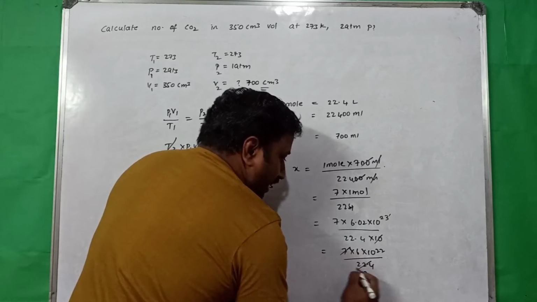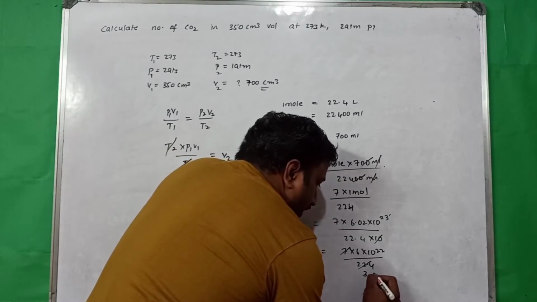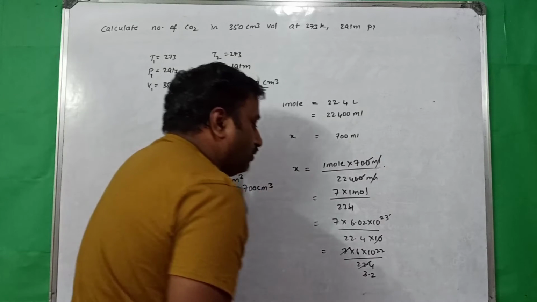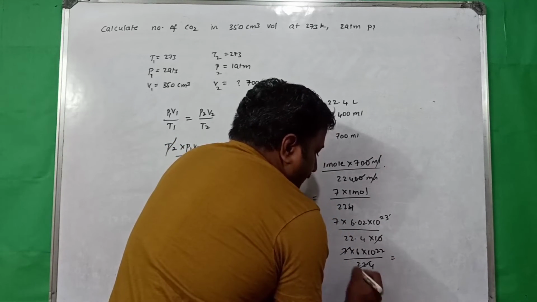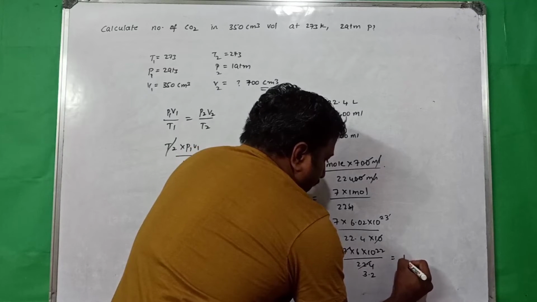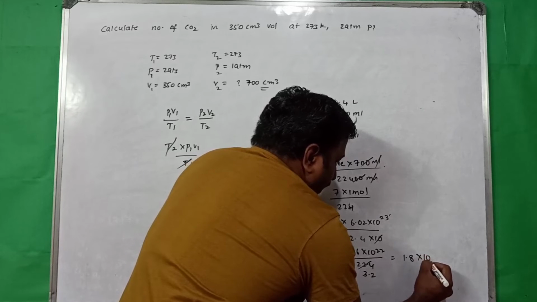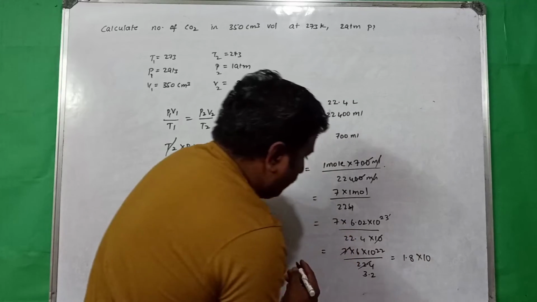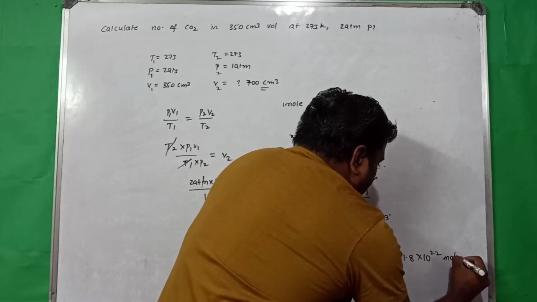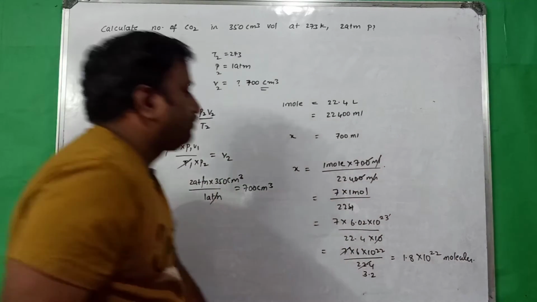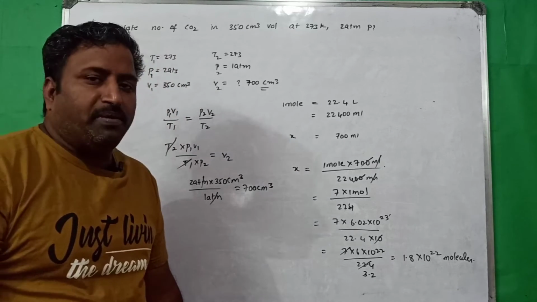Nearly 7 3s are 21, so 14 is there. 7 2s are 14, so that is 6 by 3.2. It is 1.8 or 1.9 into 10 power 22 molecules you will get. Hope it is clear.